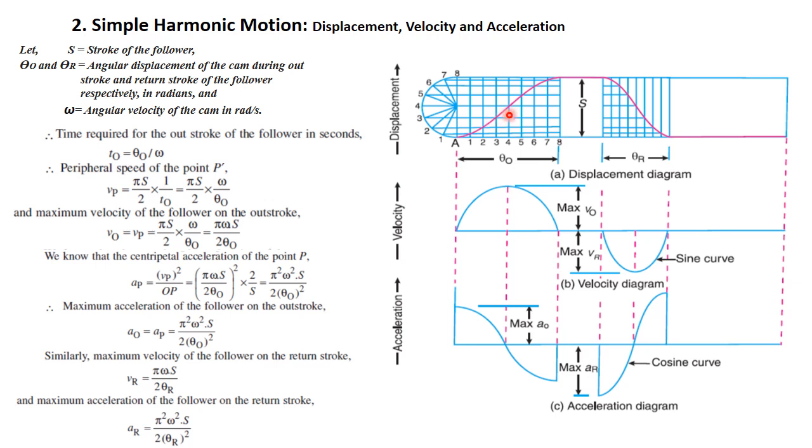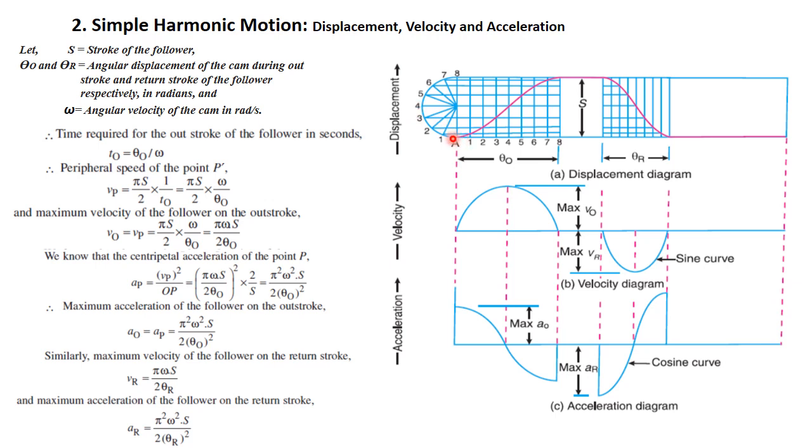So let us come to the velocity diagram. When we come to the velocity diagram, we see that in case of SHM, the value of the speed becomes 0 at point A when it starts the new cycle, and it rises when it reaches the mid position.